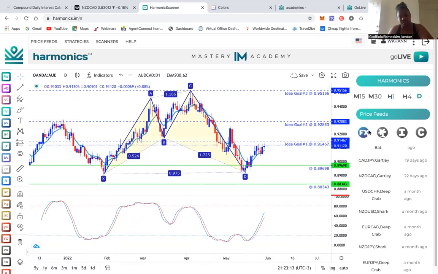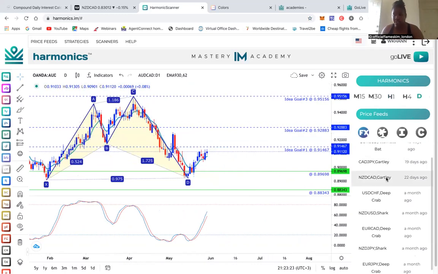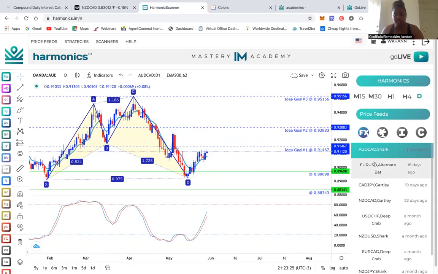The one we called out last week was from Harmonics, and that one was a swing trade. Let me check. No, that was AUD CAD. So the AUD USD that was called out this morning was from colors. It's not a swing trade.